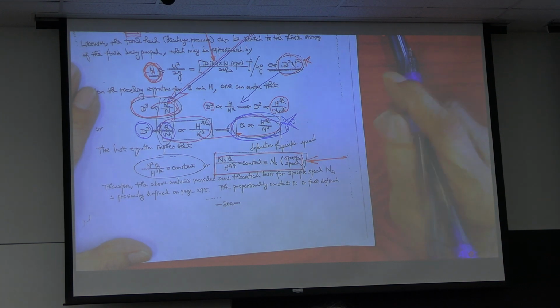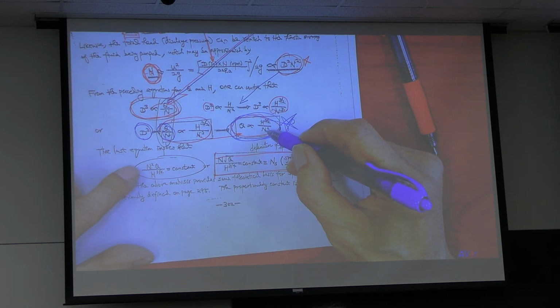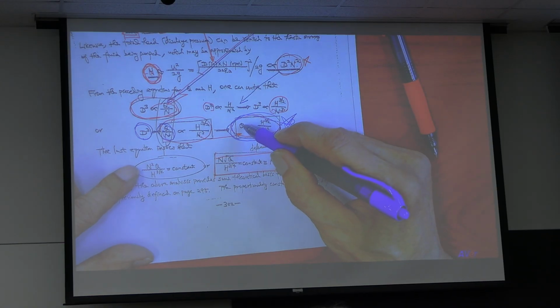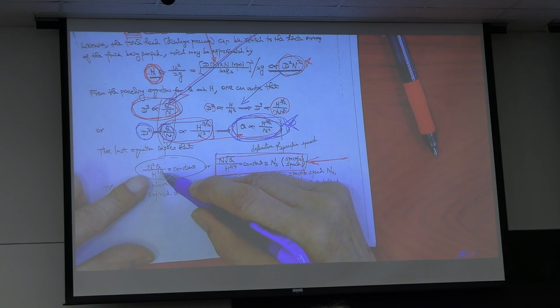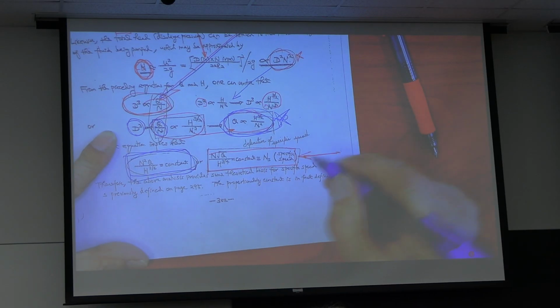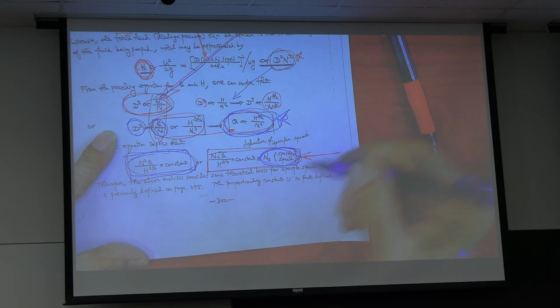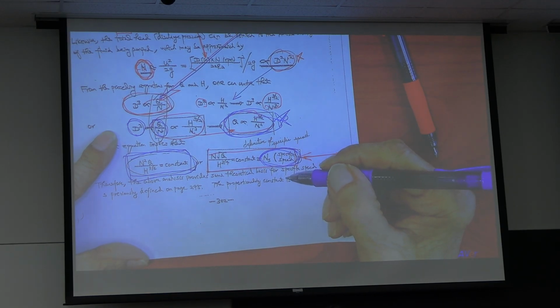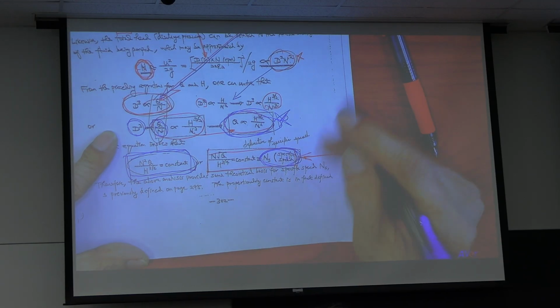This, you rewrite it, N squared times Q over H 2/3 power equal constant. That itself is our specific speed. You can derive it from dimensional analysis.